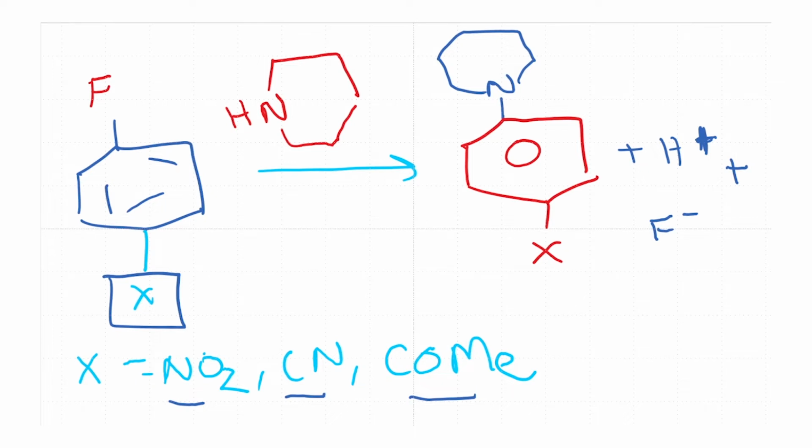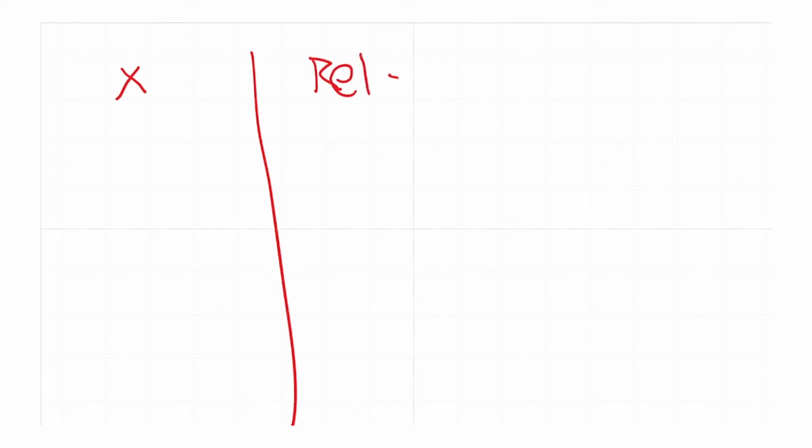Once the rate constant is there, then you can do what is known as a relative rate. So when you change X, you look at the relative rate of the reaction. When X is nitro, the relative rate can be designated as 1. Then when you move to a cyano group, the relative rate is 1 divided by 32.